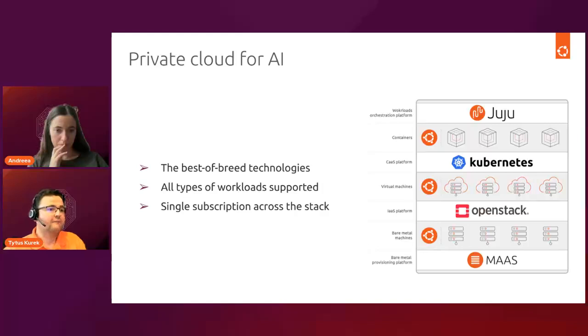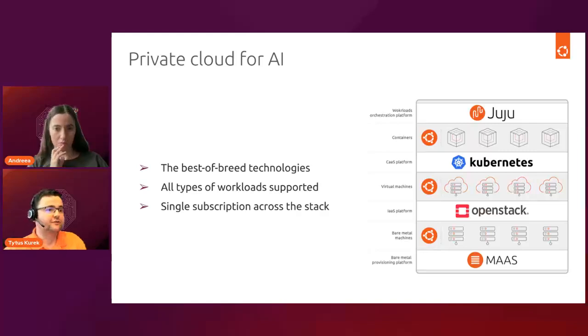Like we use MAAS for bare metal provisioning to automate everything related to bare metal. Then we use OpenStack to provide infrastructure as a service capabilities. Then we run Kubernetes on top of OpenStack to provide container orchestration capabilities, basically CaaS experience, container as a service.